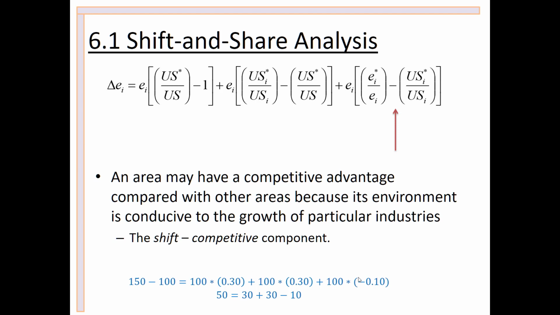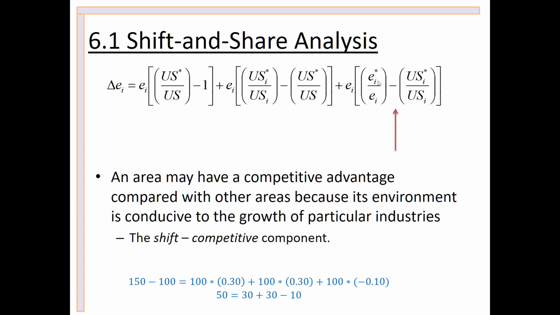What do we want from this decomposition? The number of jobs in agriculture grew. Did this number increase because this region is specially suited to produce agricultural products? No. The last component here is measuring the competitive advantage of the region compared with other areas because of positive externalities, because of environmental issues, etc. This is the so-called regional component.